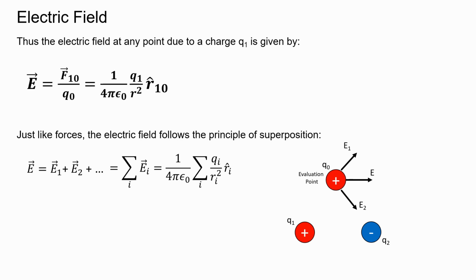So again, this can be written as a sum of electric field vectors and is given explicitly by this equation here: 1 over 4 pi epsilon naught, the sum over each charge present divided by the distance between each charge and wherever we are evaluating the electric field, and each vector is multiplied by its unit vector pointing from the charge to the point of evaluation.